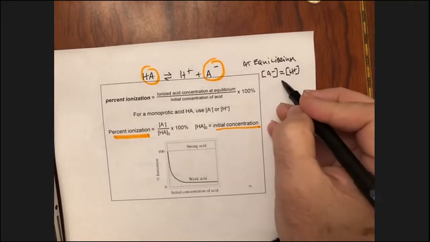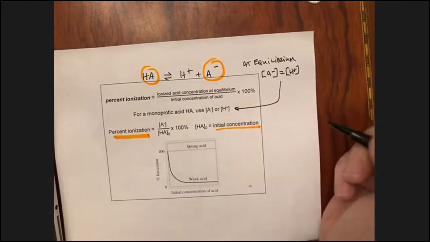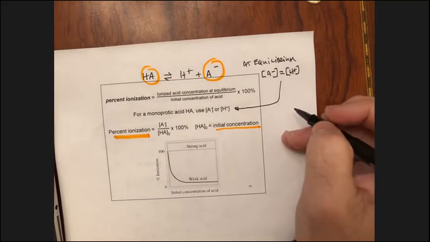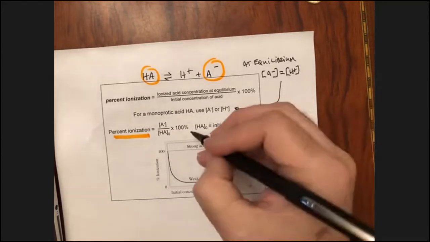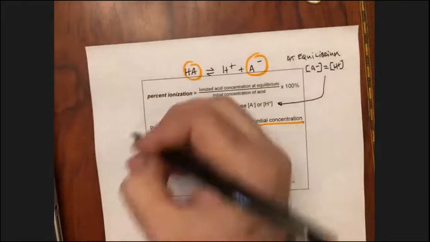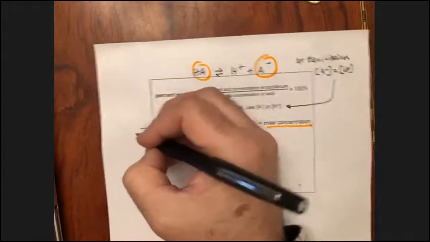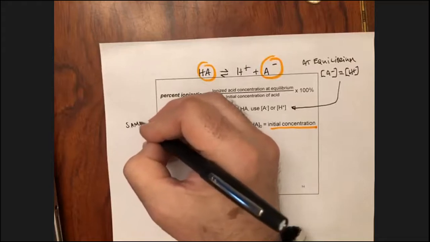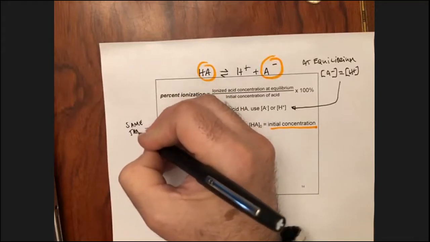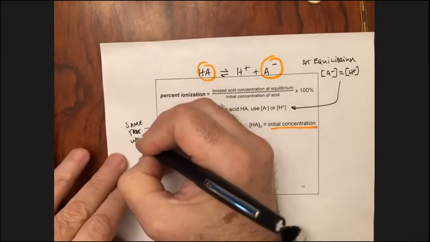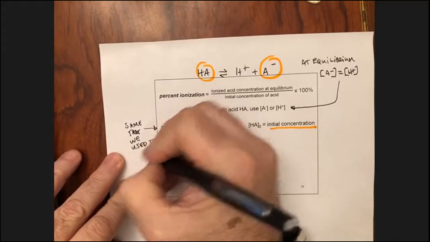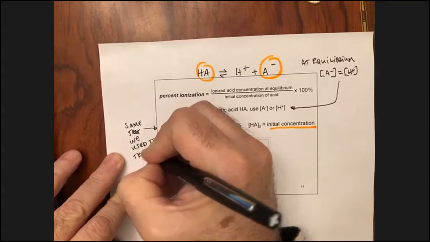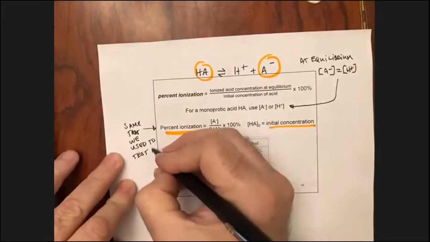So technically you could use either one once you've solved your ICE table. This is the same one that we used to test the approximation method.